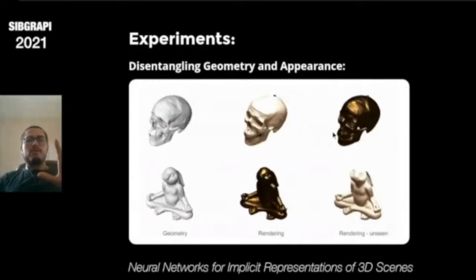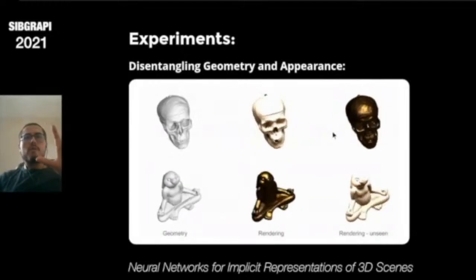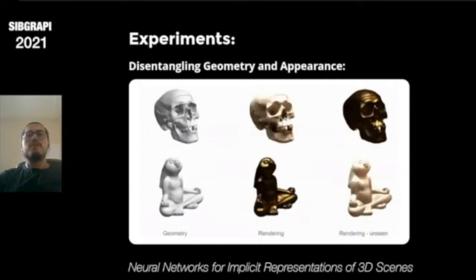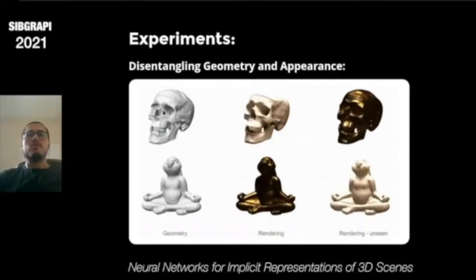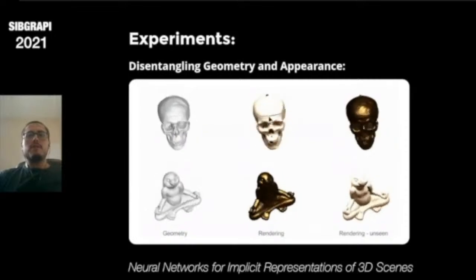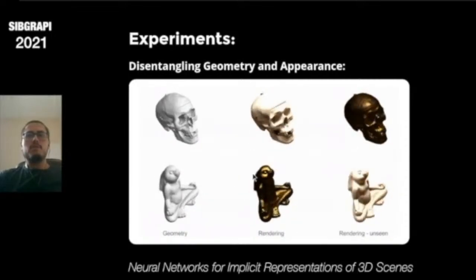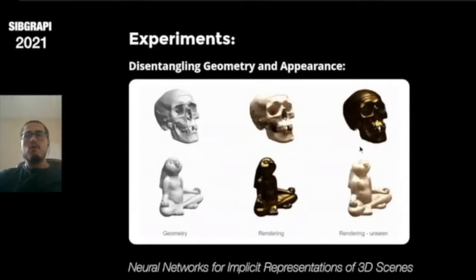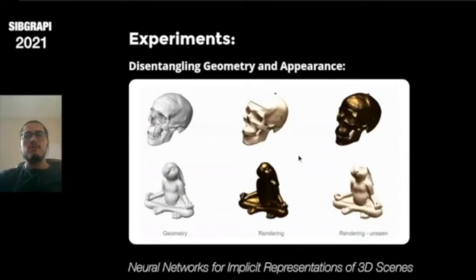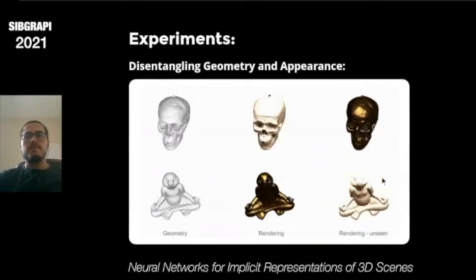You have two parts, one that cares all about the geometry and one that cares all about the appearance. And they are able to switch. So here you have geometry and appearance, and then you switch the appearance between these two. And then you are also able to have very nice results with this switched geometry and appearance.